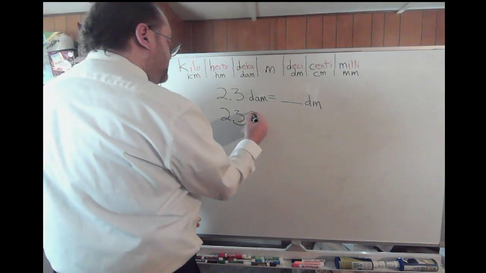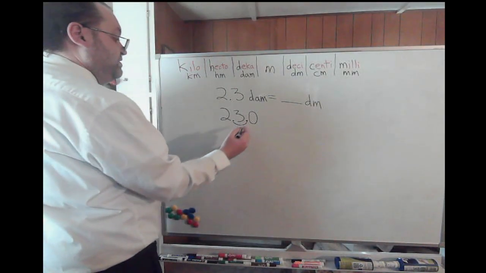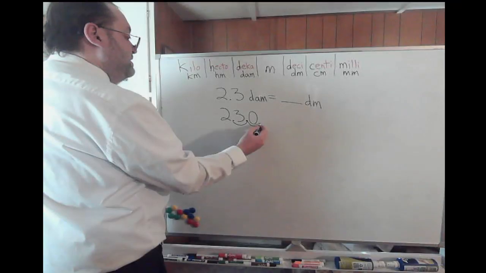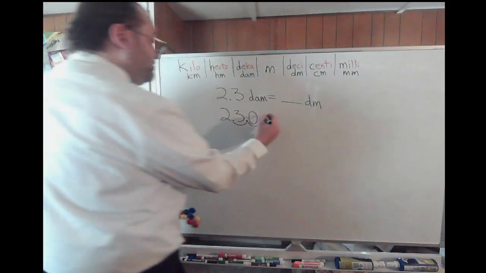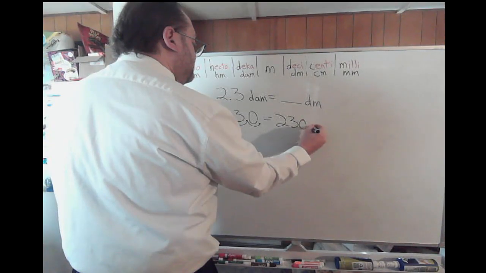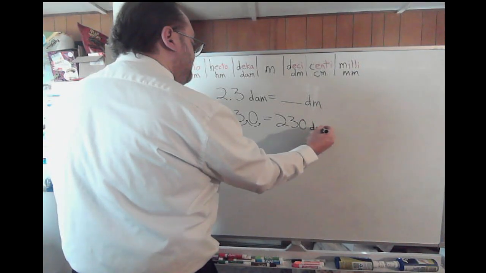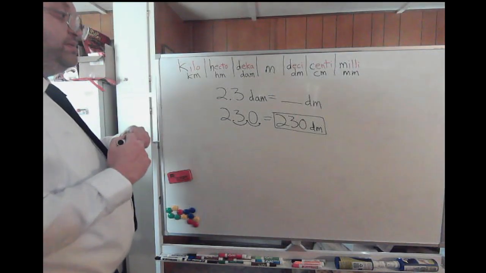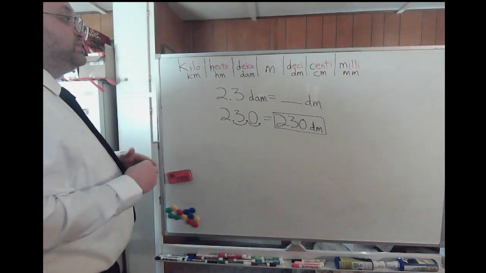Let's add a 0 because you have to go a second decimal place to the right. So you'd have 23 meters. Another decimal place would arrive at decimeters. You would have 230 decimeters. That would be the answer. 2.3 decameters is 230 decimeters.